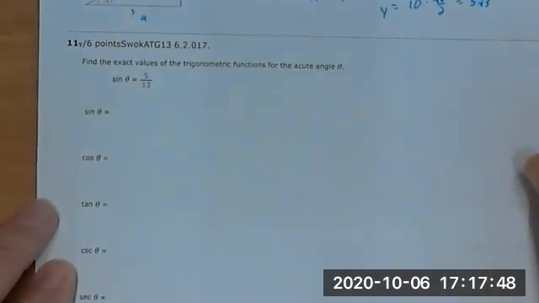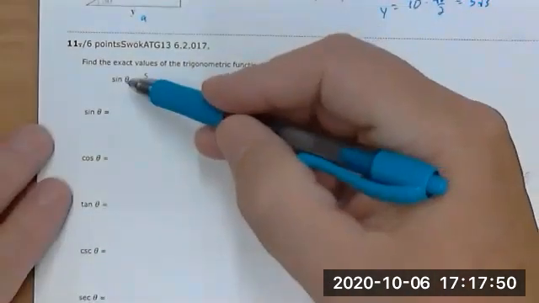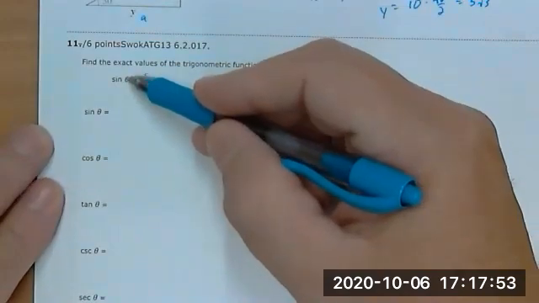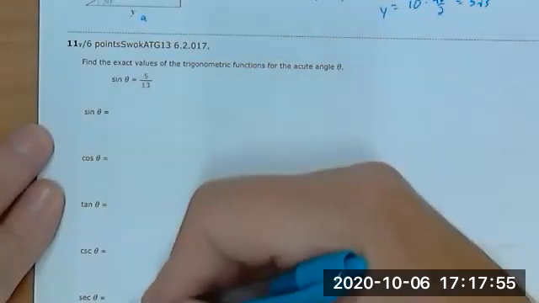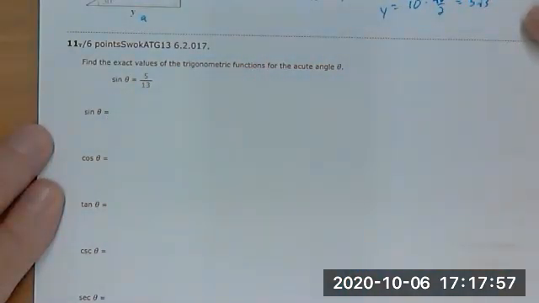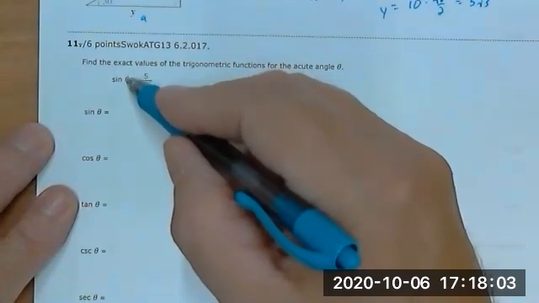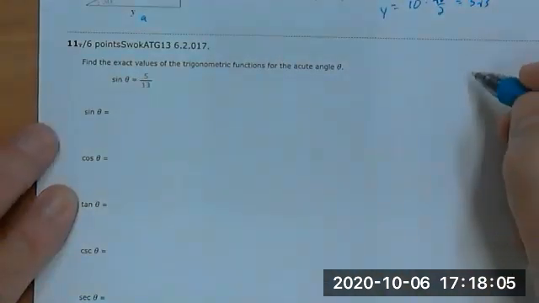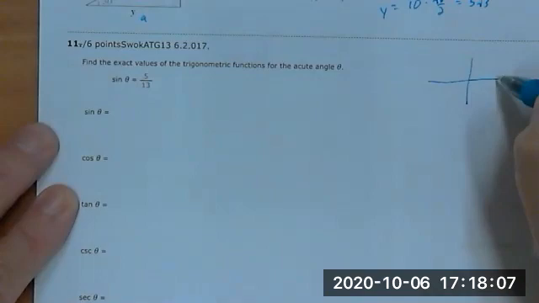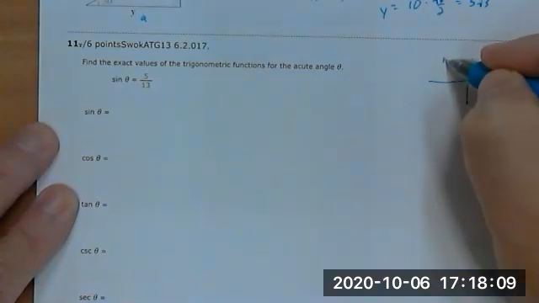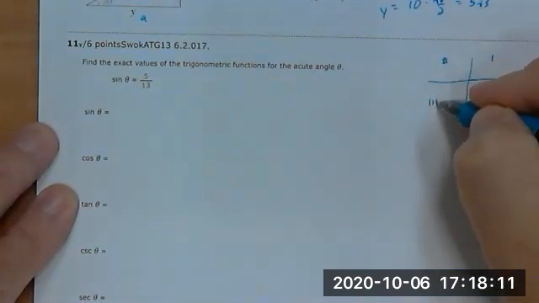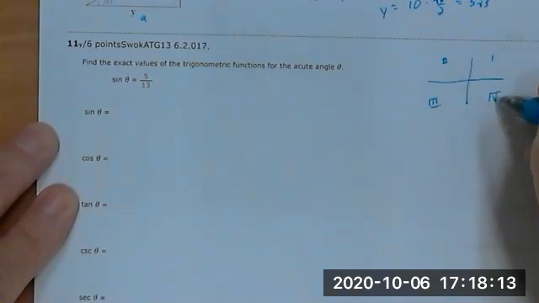So the key is here, they give you one trig function for the angle theta, and they want you to find all the rest of the trig functions. Now the key to doing these problems and getting the correct answers, you have to know where this angle is. We've got 4 quadrants, quadrant 1, quadrant 2, quadrant 3, quadrant 4.